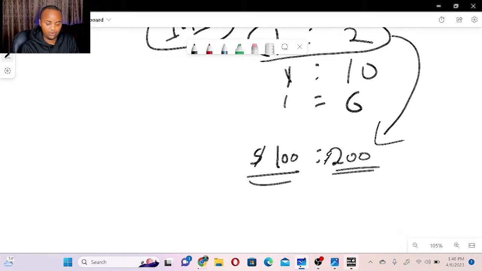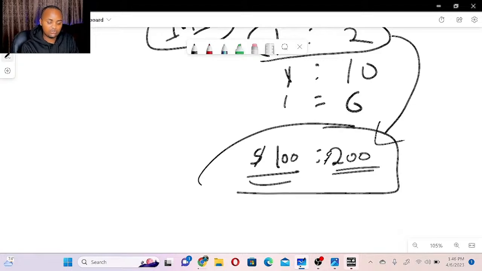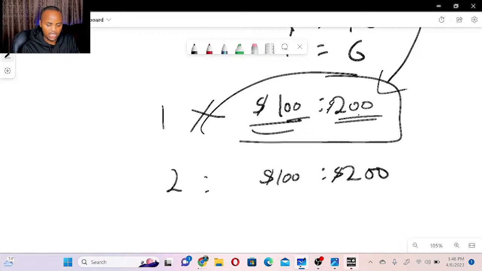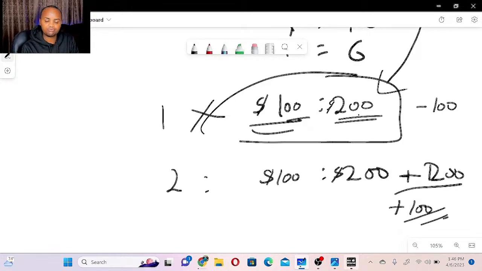This is amazing, because if you lose the first day, the first trend, and on the second trend you win, which is 100 times 2, equal to $200, you can see you lost $100, negative 100, but here it becomes positive 200. So at the end of the day you are positive 100. That's how the risk reward ratio works.